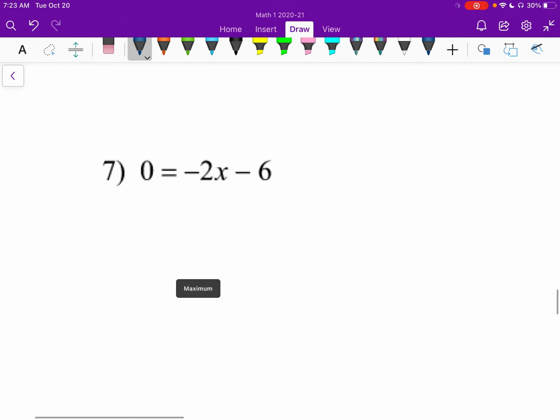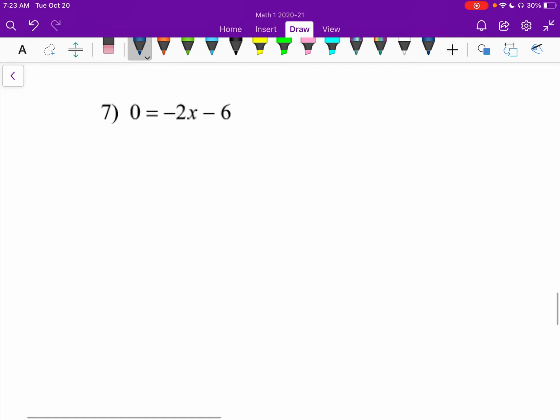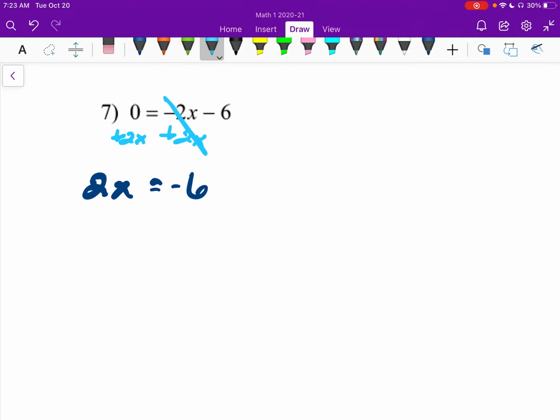All right, number 7. This one's kind of different too. It's really kind of difficult to put this one into slope-intercept form, but we can put it into an x equals form, and that's what we're going to do here. We see that there's no y here, so it doesn't really make sense to have slope-intercept form. So let's get x equals, and I'm going to add 2x to the other side. So I'm going to have 2x equals -6. I added it to both sides, those guys canceled.